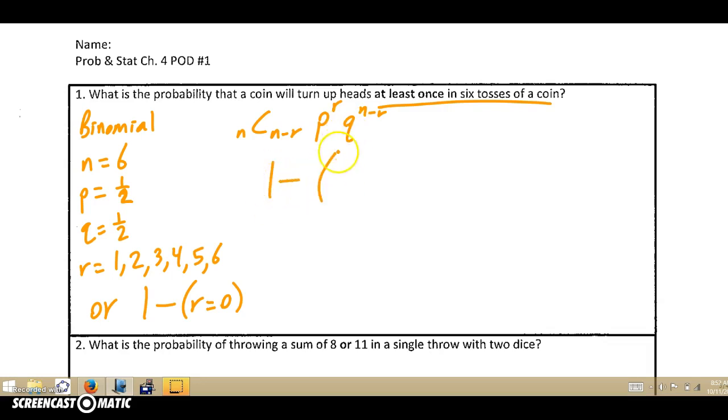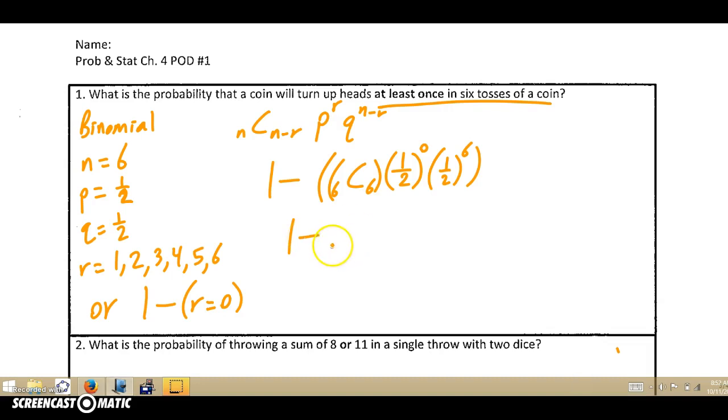So here we go. If R is 0, it will be 6 combination 6 minus 0, which would be 6, times P, which is 1/2, to the R power, which is the number of successes I want, which would be 0 in this case, times 1/2 to the N minus R, which would be 6, because I want 6 failures. Simply type that in your calculator.